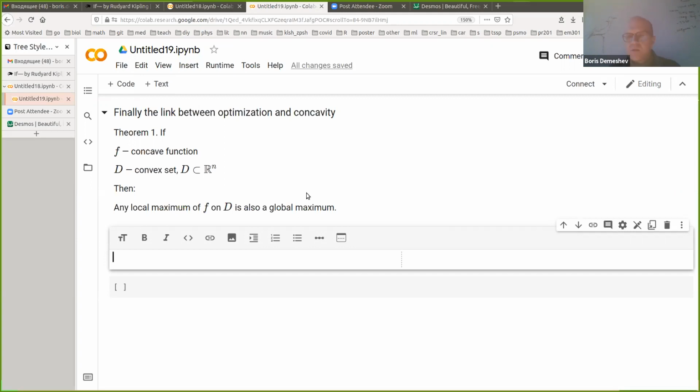If you check that your function is concave and you have found the extrema using, let's say, second order sufficient conditions, or graphically, then you can just be sure that the local maximum you have found is also a global maximum. That's a great help from concavity.